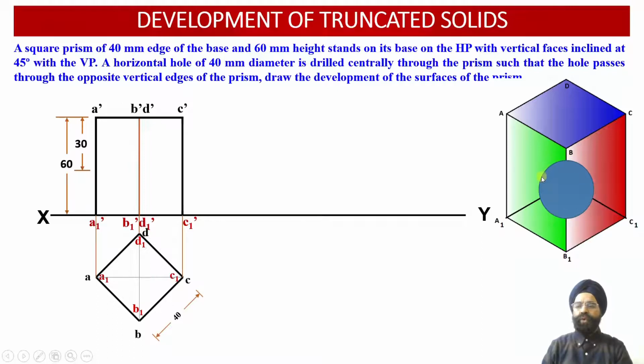That is, we are going to drill a hole through and through both of the front two faces and through the rear two faces of the square prism. So that is why the vertical edges BB1 and DD1 will be intersected by the hole, and that is why we haven't joined B dash, B1 dash and D dash, D1 dash using the darker object line over here.